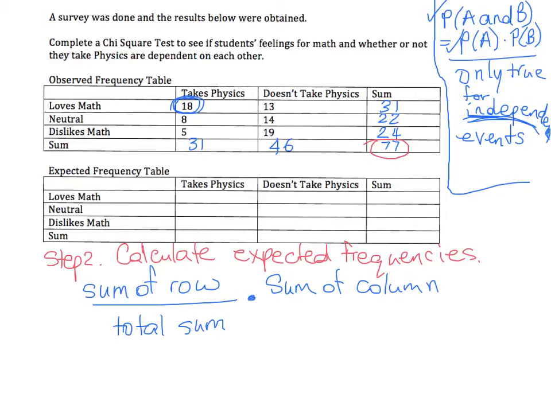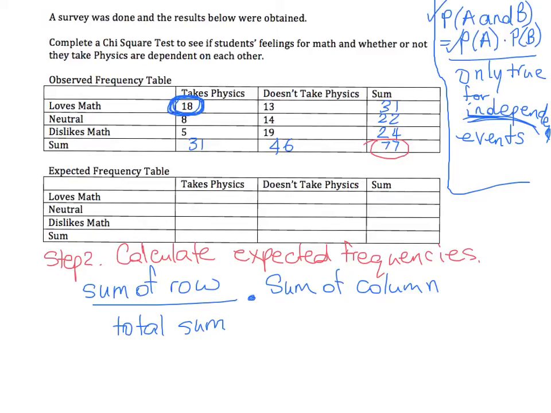Okay, great. Now that we have our sums, we can start to calculate our expected frequencies. So let's fill in the first one. We have 18 as our observed frequency. That's the actual observed number of students who take physics and love math.